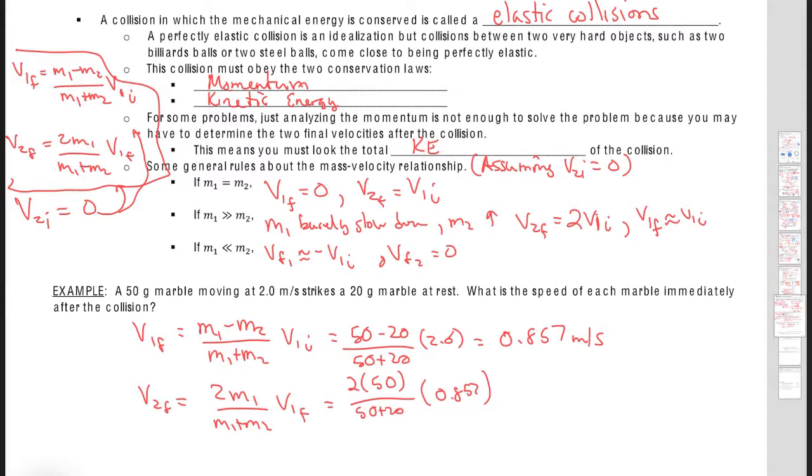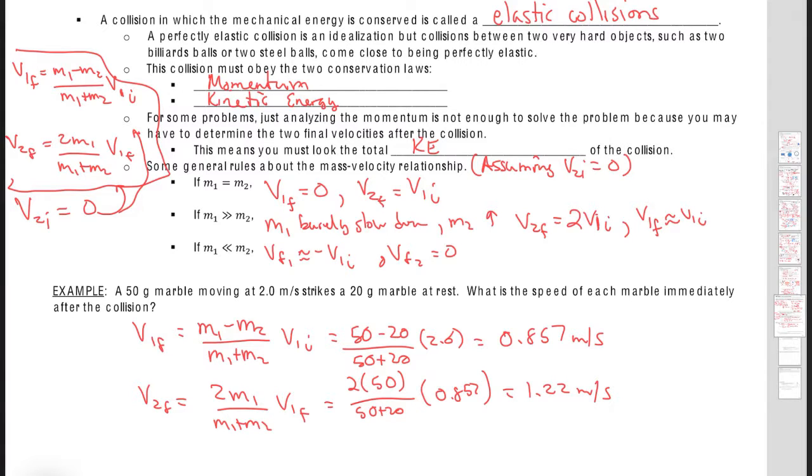We can predict that since m1 is larger than m2, it slows down considerably, going from 2 to 0.857, which means the velocity has been transferred to the second marble. So it's 100 divided by 70 times 0.857, which equals 1.22 meters per second.